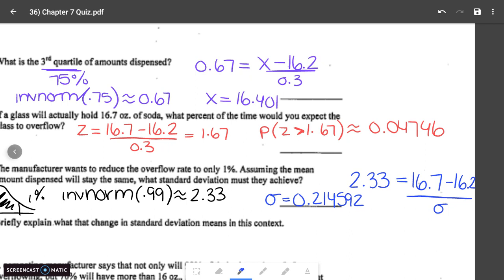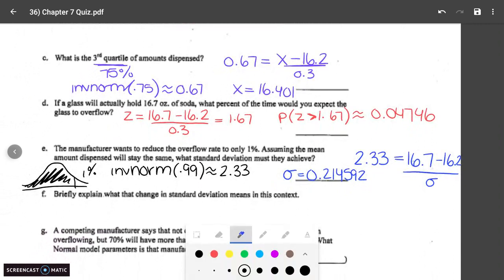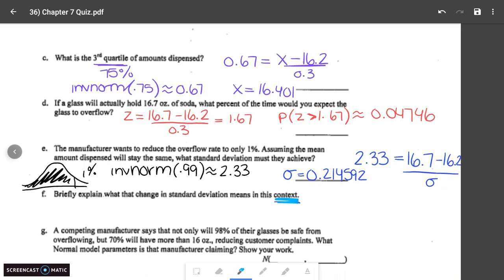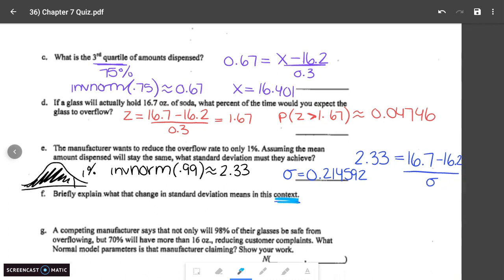Now, this part directly ties into the following part of F. Briefly explain what the change in the standard deviation means in this context. Don't forget context. Okay, so we always want to keep context involved. So I would say something like, compared to the original standard deviation of 0.3, there's less variability in the soda that is dispensed. Okay.